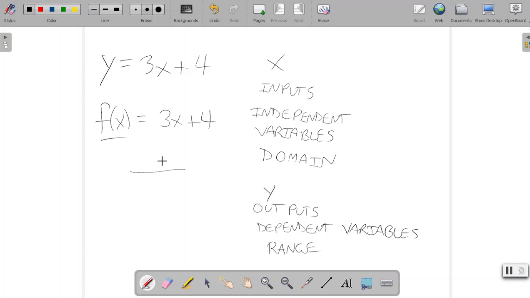So, if I did a partial t-table, if I put in 0, 3 times 0 is 0, 0 plus 4 is 4. 1 times 3 is 3, 3 plus 4 is 7. 2 times 3 is 6, 6 plus 4 is 10, and so on. You could go on and on as much as you wanted.